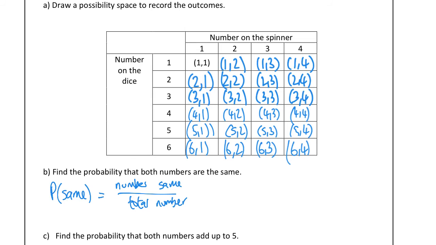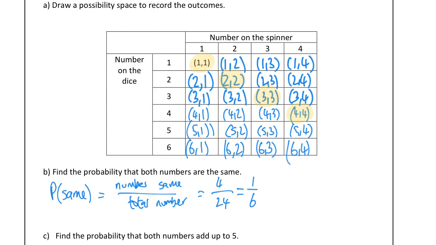Now we can see that there are 24 different combinations, and the ones that are the same are going to come from a 1 and a 1, or a 2 and a 2, a 3 and a 3, or a 4 and a 4. So that gives us 4 different possible outcomes, and 4 over 24 simplifies to 1 over 6.